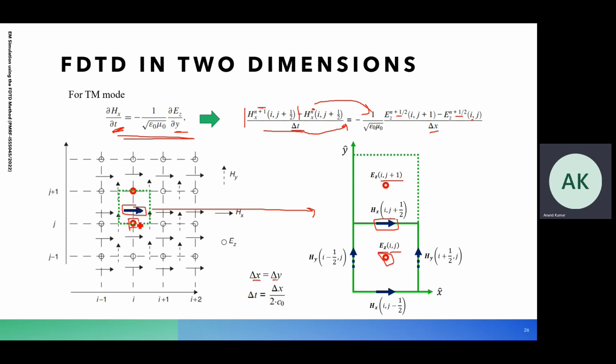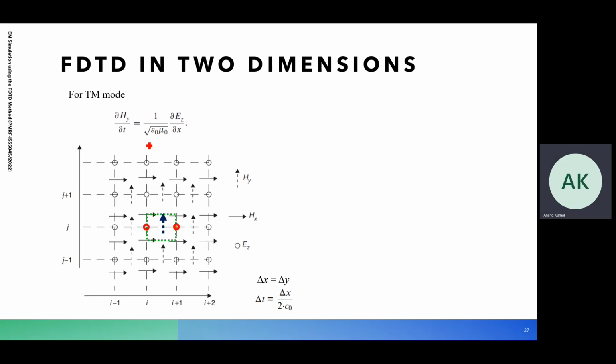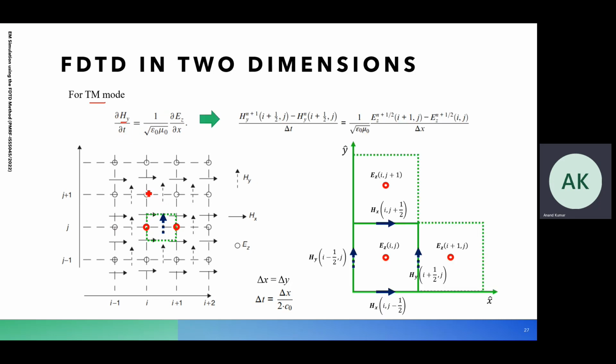Now, similarly, over here we used these particular values to calculate this node, to update this node. Now, similarly, for the TM mode and for the Hy magnetic field in the y direction, we can use the same method. So this is the third Maxwell's equation, and Hy is a time derivative, and so we have updated the electric field over here.